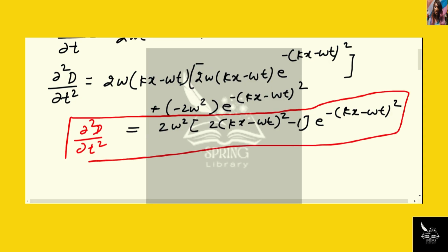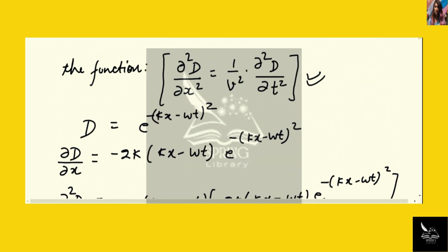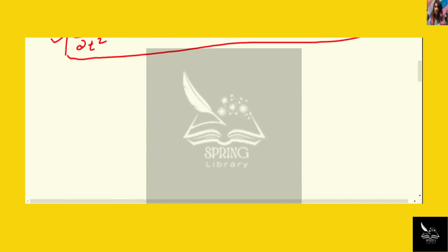Now we will put this equation and this equation here. So we get ∂²ψ/∂x² should be equal to (1/v²) ∂²ψ/∂t².